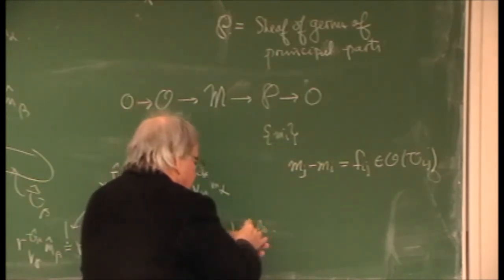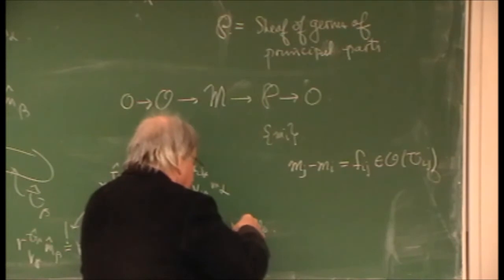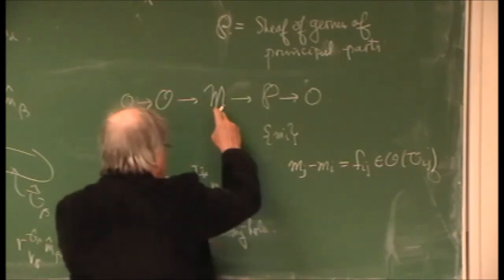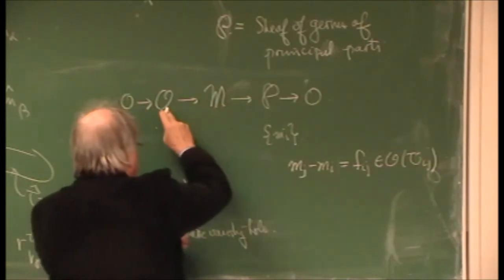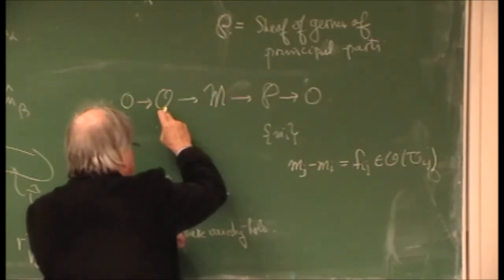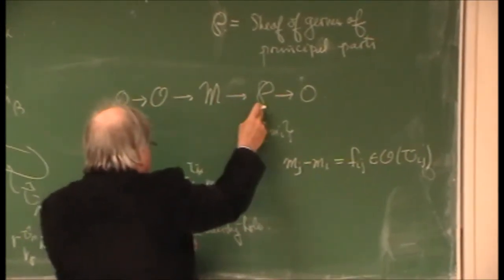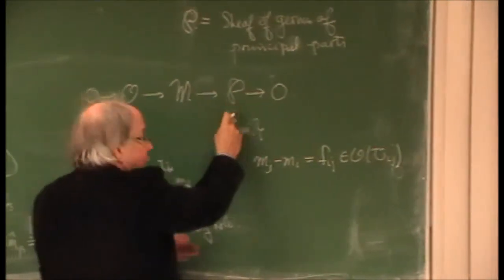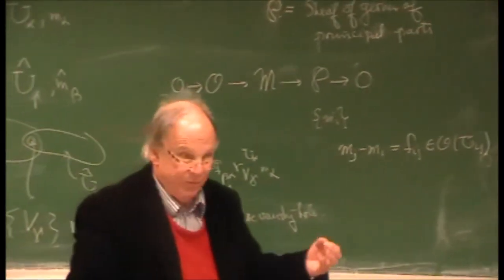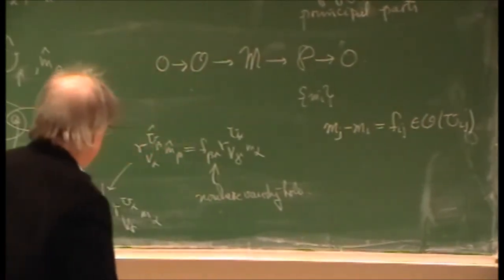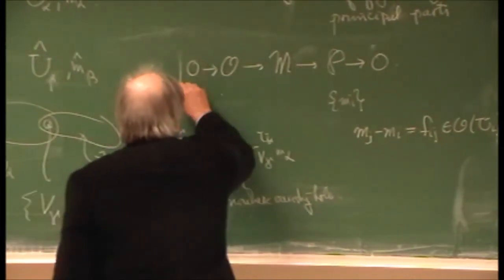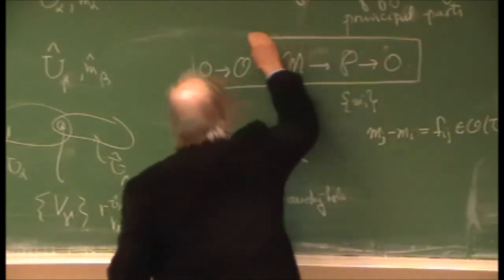But if I contract that open set smart enough, that thing is really given on one piece of open set, so it's really given by a meromorphic function. That's surjective. And of course, as was just said, this is the definition of P, the meromorphic germs modulo holomorphic functions. So these are fundamental exact sequences.